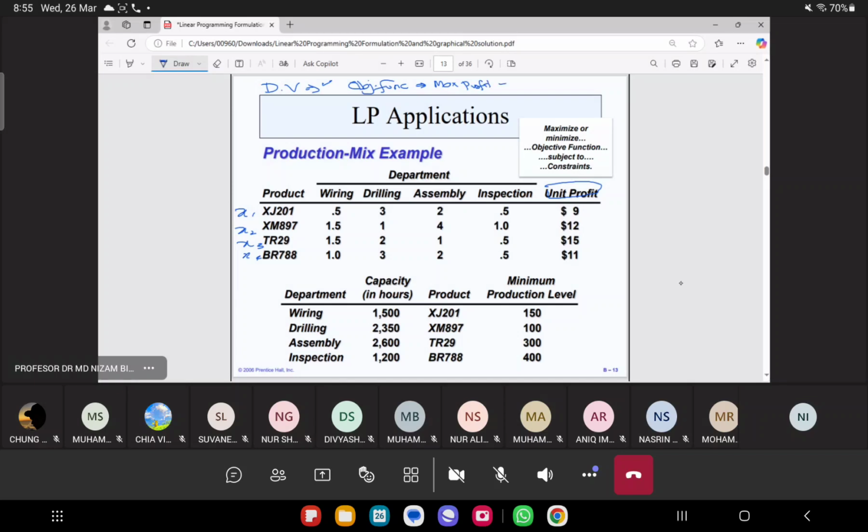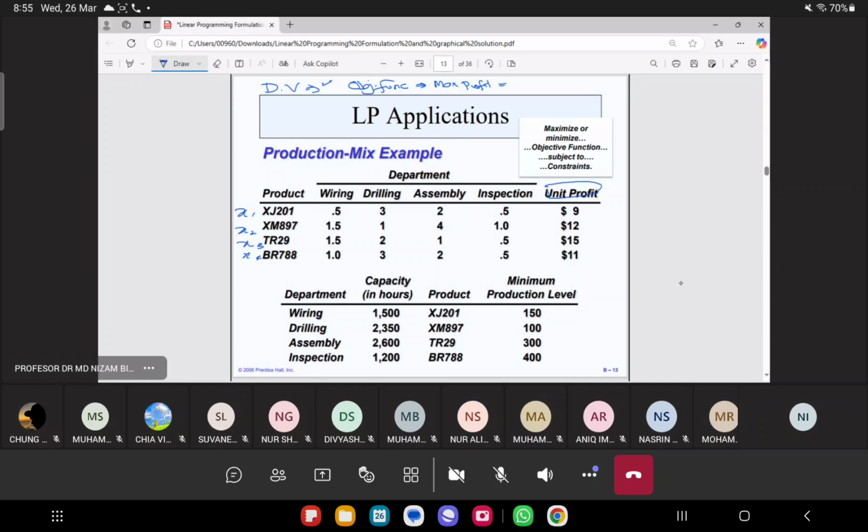And how to calculate the profit? It shows that for every X1 unit that you make, $9. Every X2, you make $12. Every X3, you make $15. Every X4, you make $11.